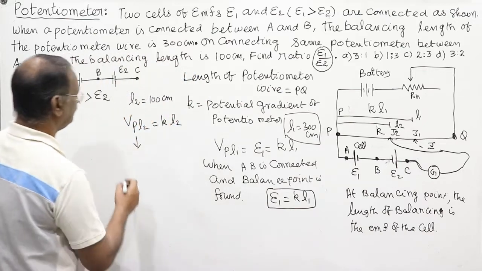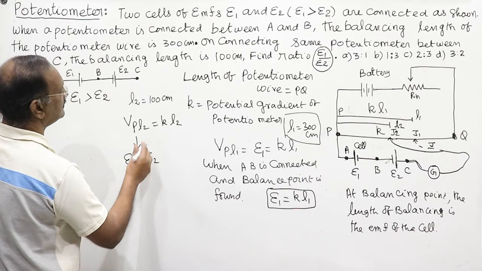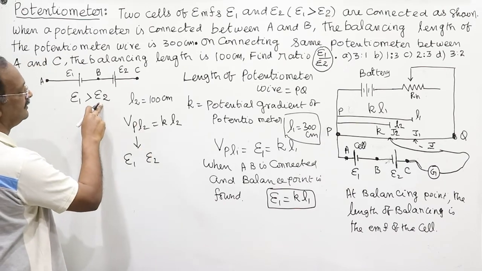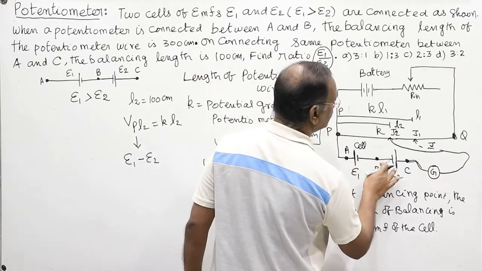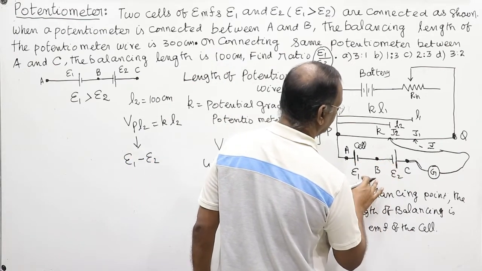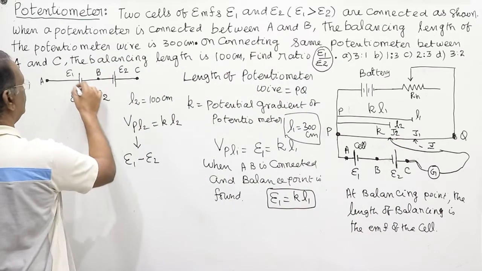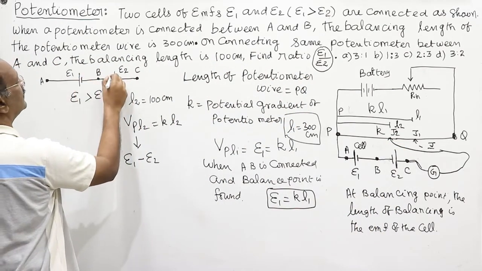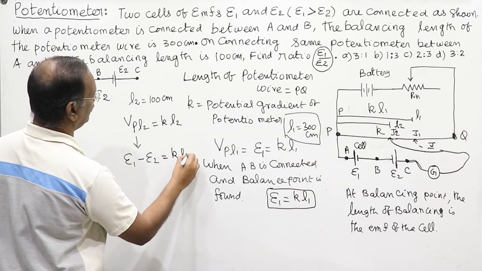It means we can say E1, E2. Since E1 is greater than E2, this will be minus, because if this is positive, this has to be negative, and this is smaller than this one. The net EMF of these two, because both are in reverse polarity, E1 minus E2 is equal to K into L2.